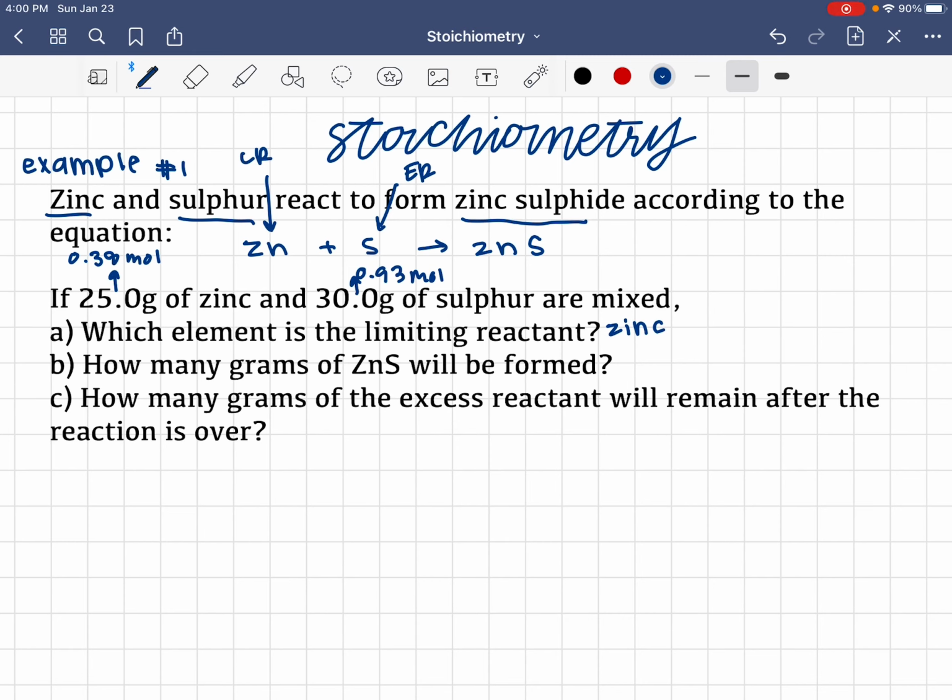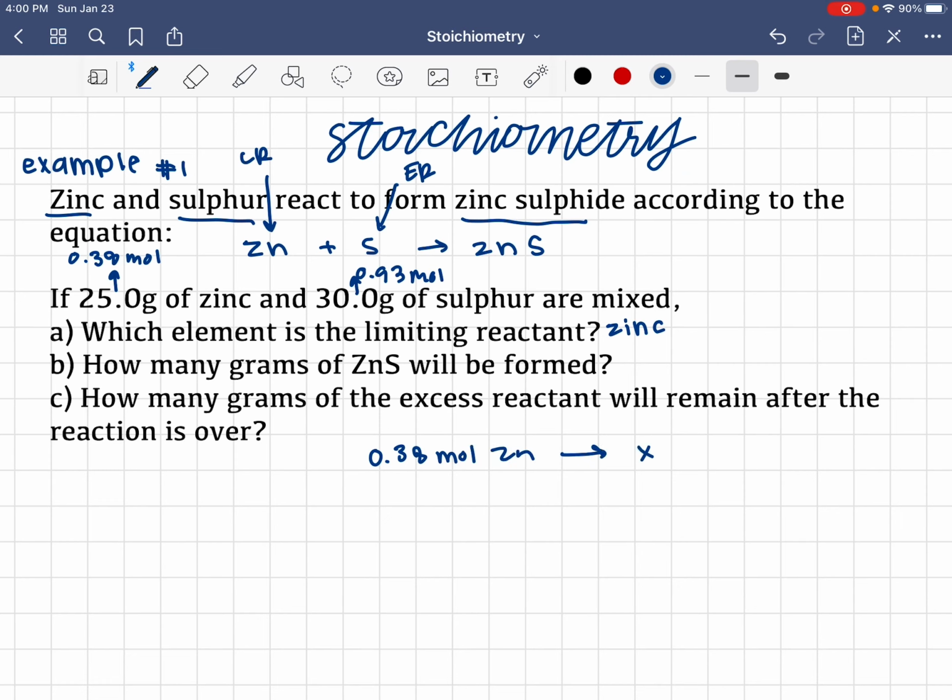How many moles of ZnS will be formed? When we're trying to find how much product can be produced from our reactants, we have to use our limiting reactant. Our limiting reactant is zinc, and based on what we're given, we know that we have 0.38 moles of zinc.